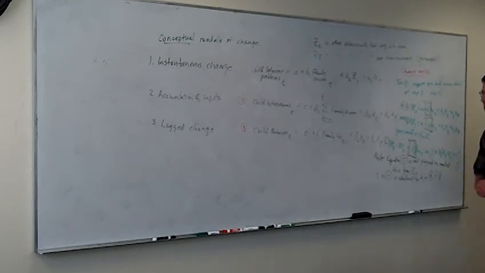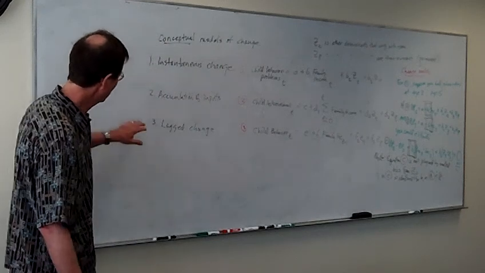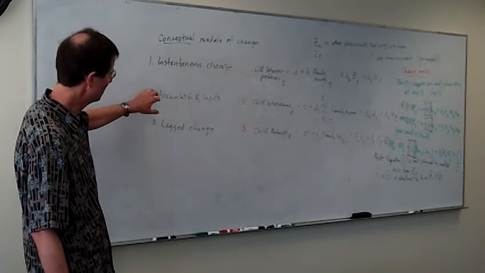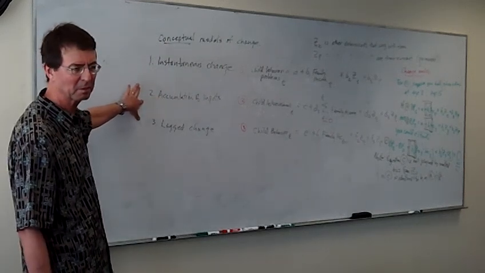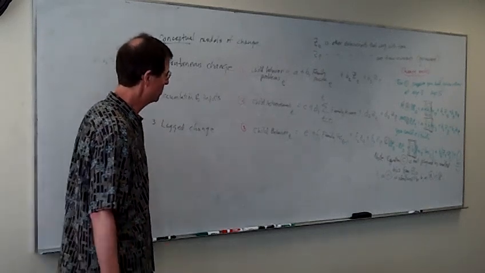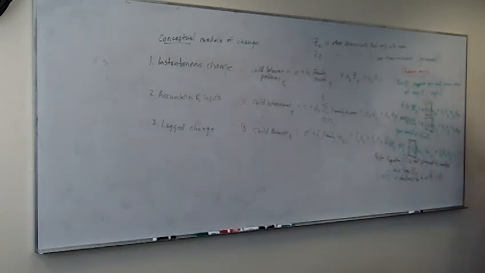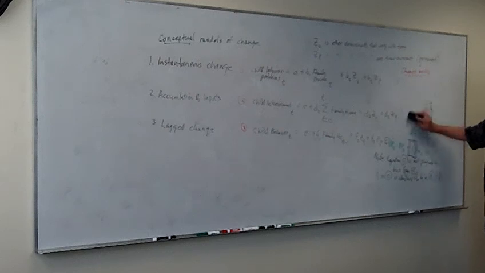Okay, so that's the instantaneous change model. As I said, accumulation of inputs is probably a more reasonable model for most of the child-based learning and social-emotional development kinds of analyses that one would want to do in an education school or a cognitive psychology program.